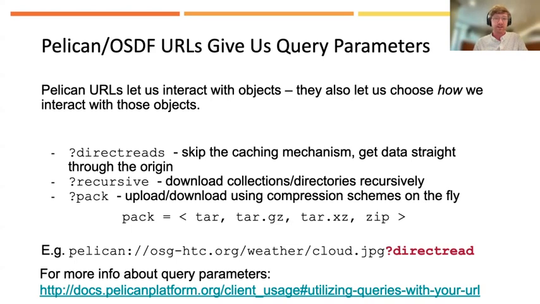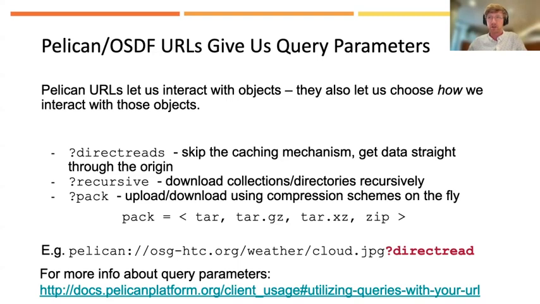And Pelican has defined three URL query parameters at the moment. The first is directread, and you can tack that onto your URL, and it tells Pelican, I want to skip all of the caching stuff. For whatever reason, I've decided I want to go straight to the origin and avoid my data winding up on a cache.